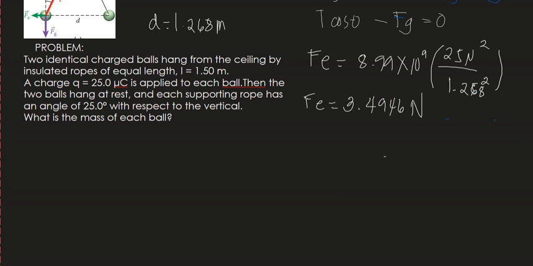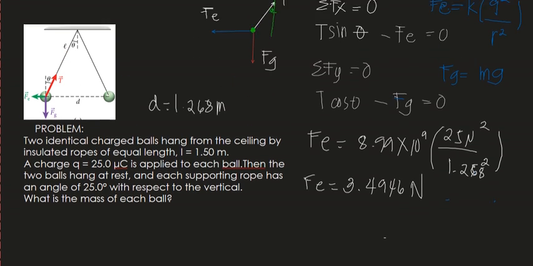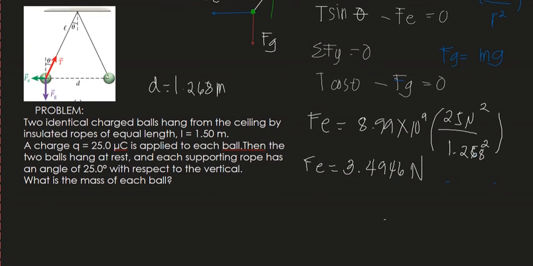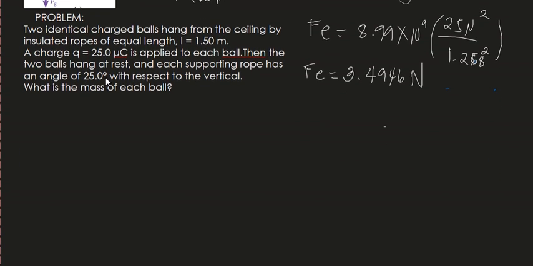So this time, we can now solve our summation of forces along x. Take note that we have T sine theta minus Fe is equal to 0. So Fe is equal to T sine theta.